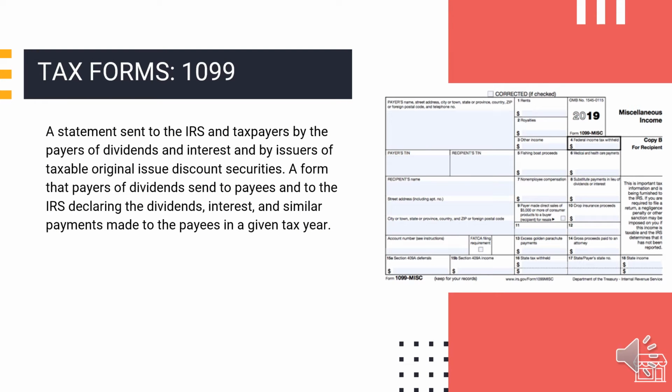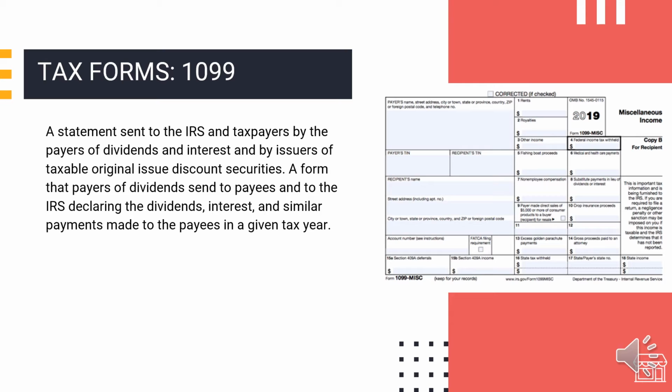Tax forms, 1099. This is a statement sent to the IRS and taxpayers by the payers of dividends and interest and by issuers of taxable original issue discount securities. A form that payers of dividends send to payees and to the IRS declaring the amount of dividends, interest, and similar payments made to payees in a given tax year.